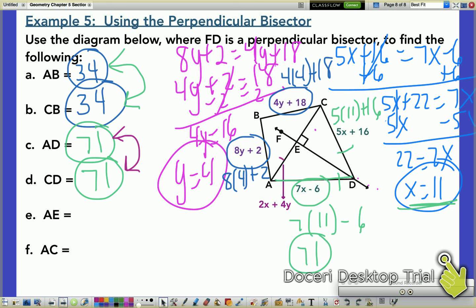Now, AE, which is just this. And here, like I said, we have 2x plus 4y. What do you think we're going to do? Well, we're going to plug in x and y. So 2 times 11, which is x, plus 4 times 4, which is y. 22 plus 16.